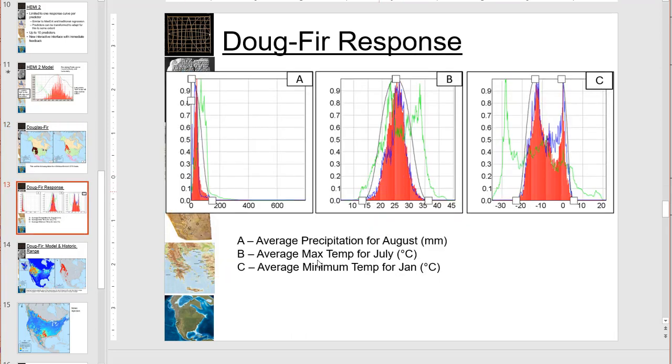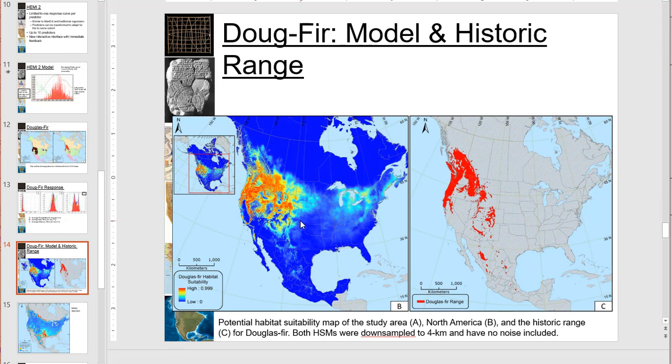These are different Doug Fir responses for precipitation, temperature, in min and max. And here is a habitat suitability map from that. The one on the right is the range from the documentation.